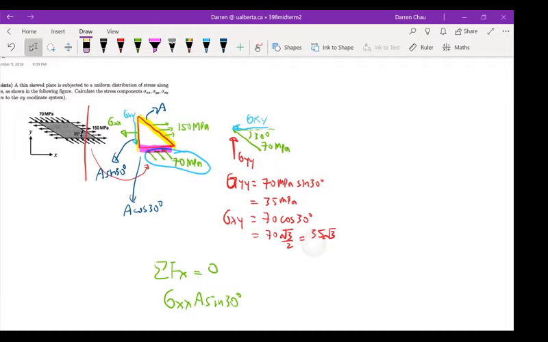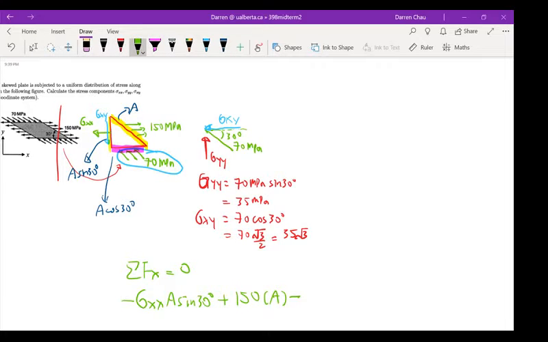Since I assume left is negative, I'm going to add a negative sign in front, and then plus 150 times A. And then people usually would forget the shear stress along this plane.